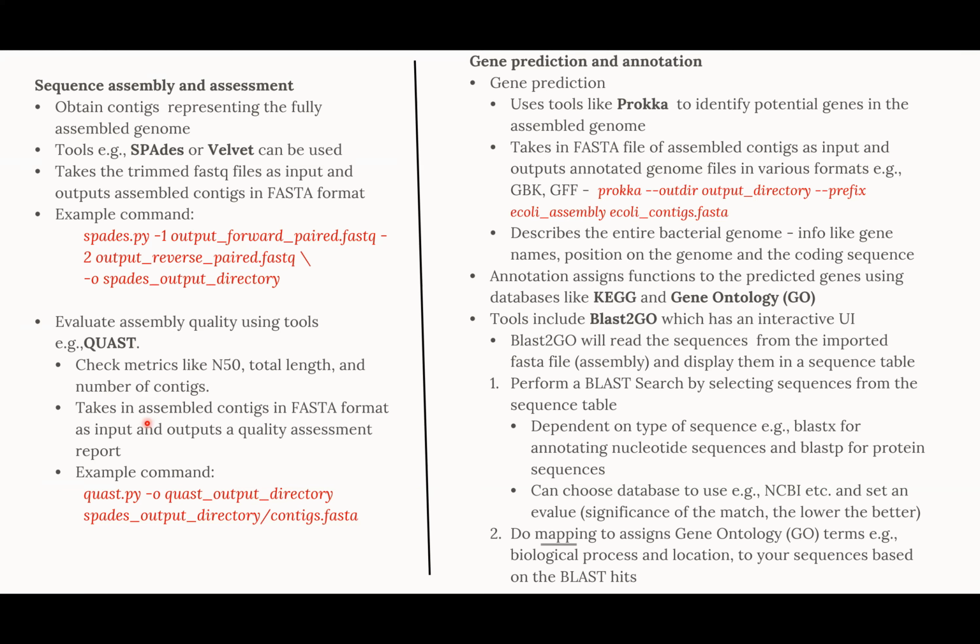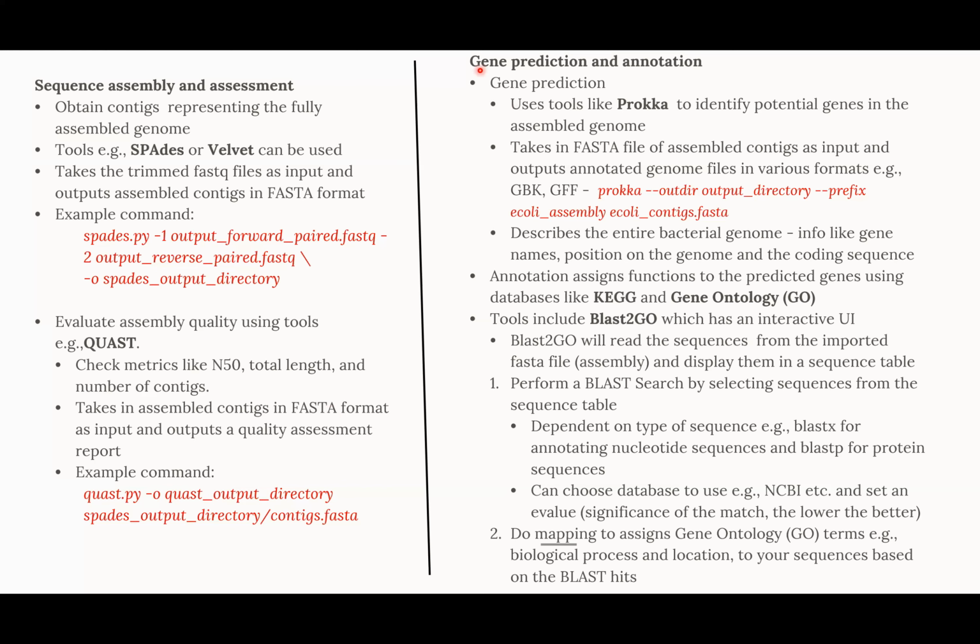It takes in assembled contigs in FASTA format as input, and it will output a report, just like in FastQC, and you can review that report to see how well SPAdes or Velvet or any other program assembled your genome.